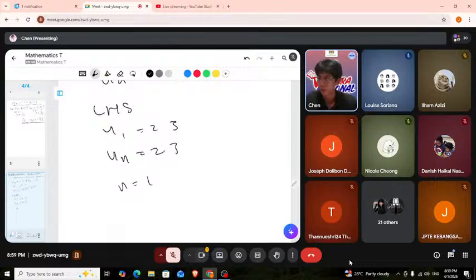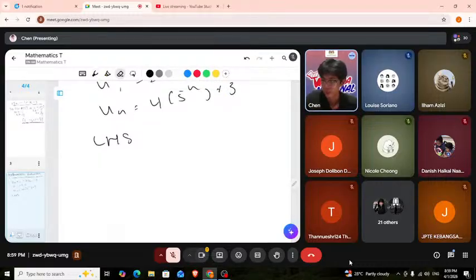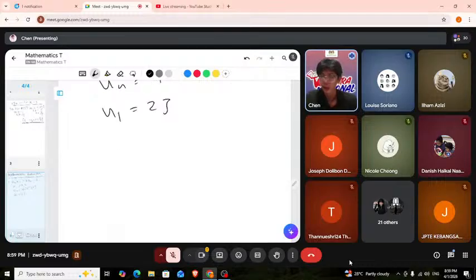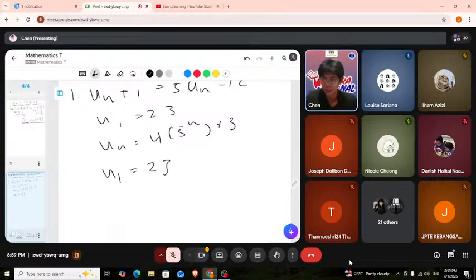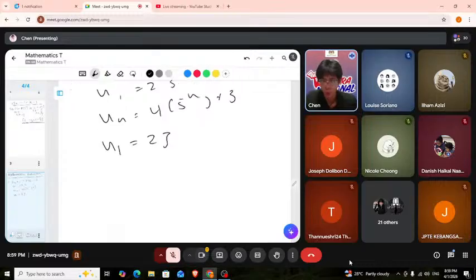So, oh wait, I don't think this is needed. I'll just make a bit. Okay. So, for example, this is not needed. So, basically, you just need to prove that u1 is equal to 23, right? So you have to prove that the explicit formula is true.